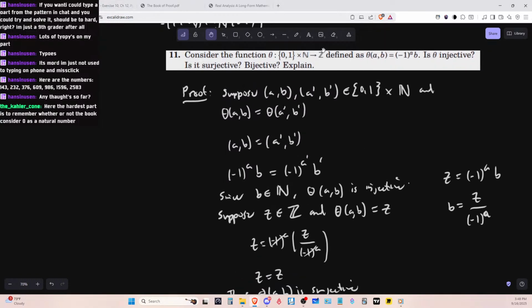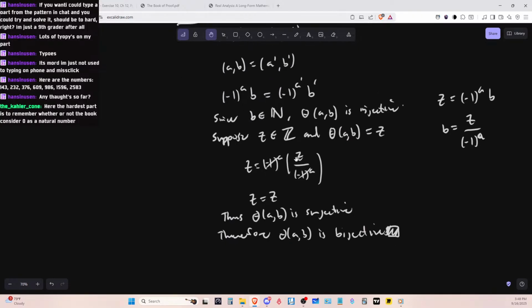Yeah, because it doesn't include 0. If it was the natural numbers, it probably would have worked, but it's the integers, and I forgot that the integers also include 0.